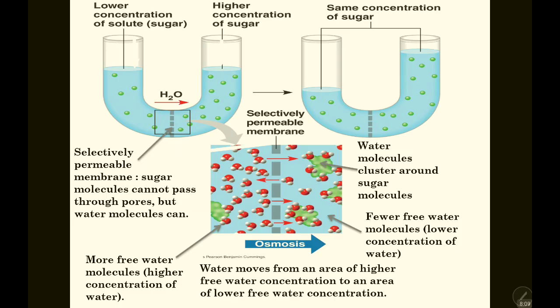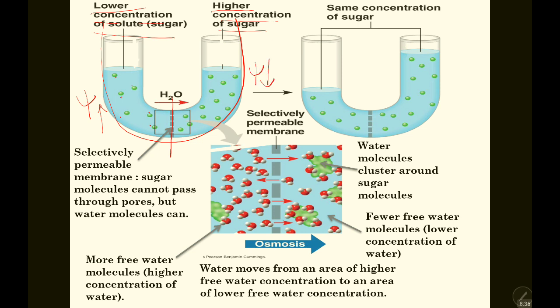So for the example just now, in a U tube, a U-shaped tube, separated by a selectively permeable membrane. On the left, there is a lower concentration of solute, less solute, which means their water potential is higher. On the right side, they have a higher concentration of sugar, which means their water potential is lower.